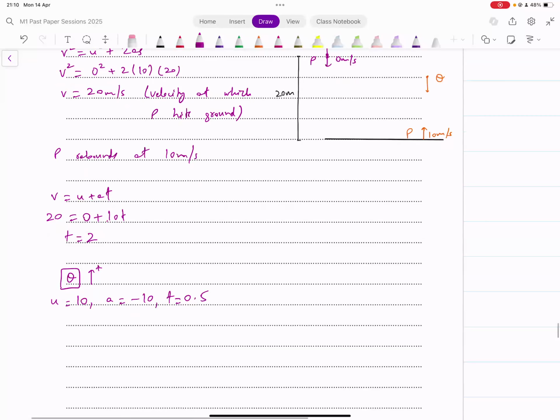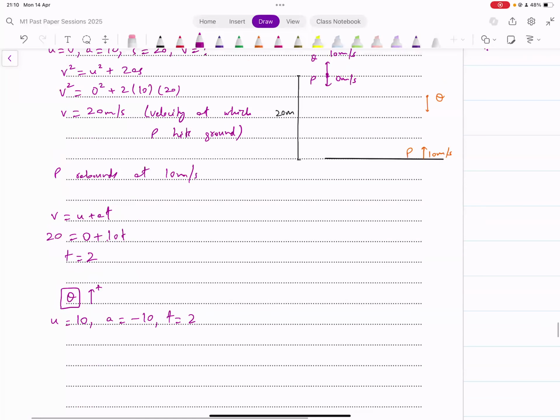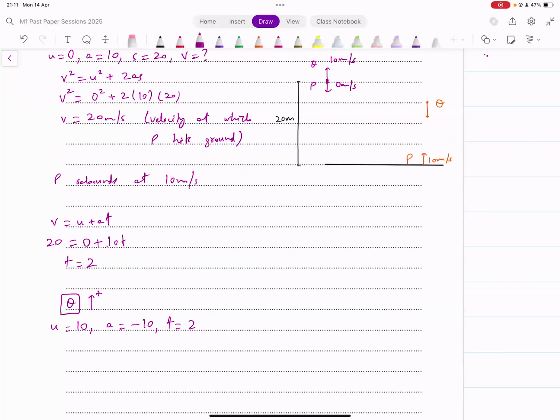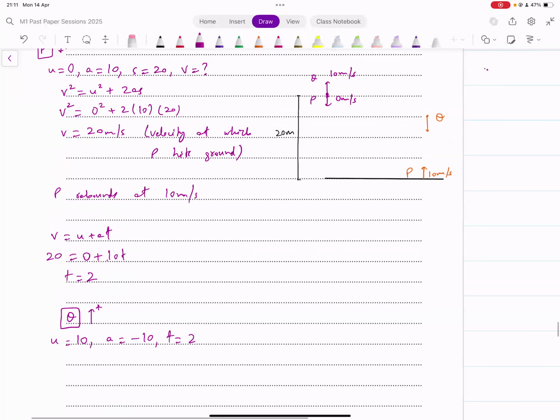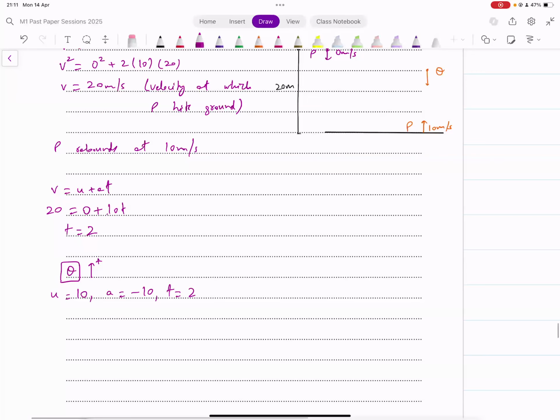Okay, so what about the displacement of Q in these 2 seconds while P was moving downwards? Let's find that out. Let's find both of them, displacement and final velocity. We might need the final velocity as well. Let's see. So S equals what?